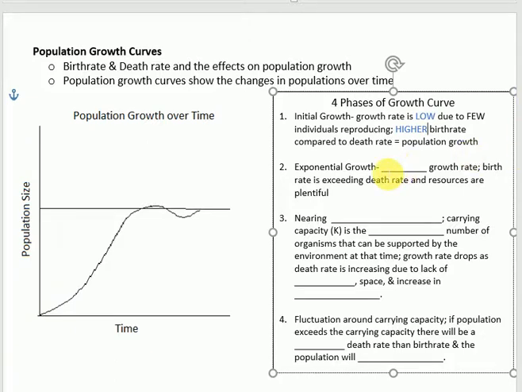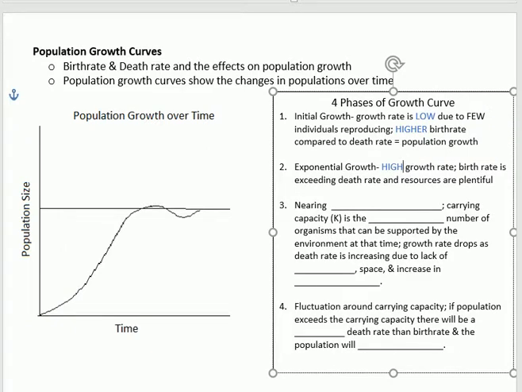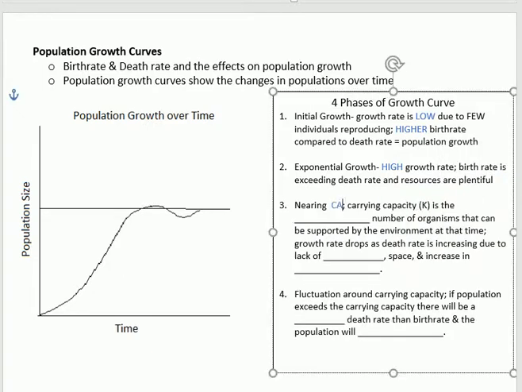The second phase is the exponential growth phase. This is when there is a high growth rate, the birth rate is exceeding the death rate, and the resources are plentiful. Now, when we get to the point in phase 3 where we are nearing the carrying capacity of the environment, then you're going to see a change in the graph.